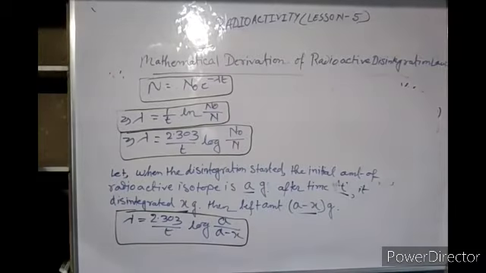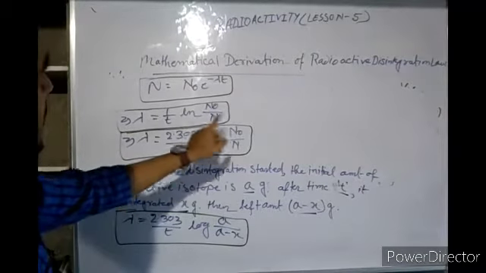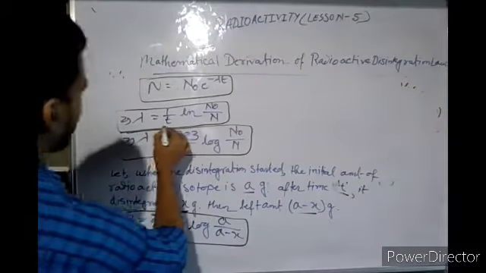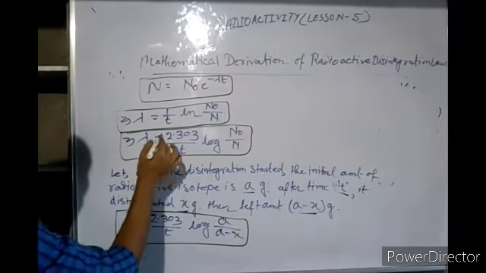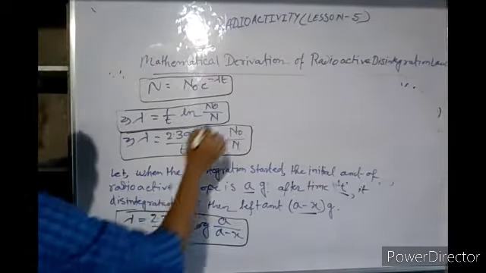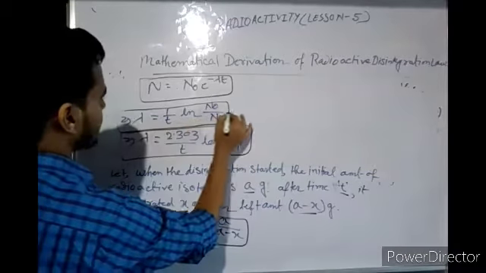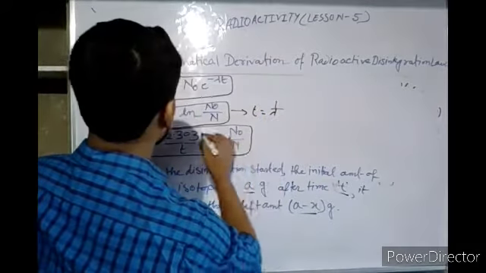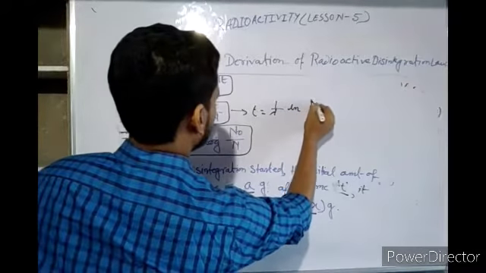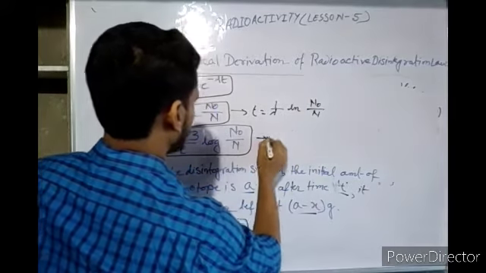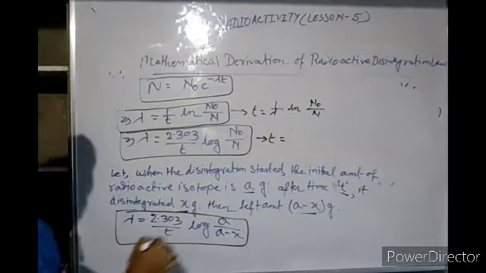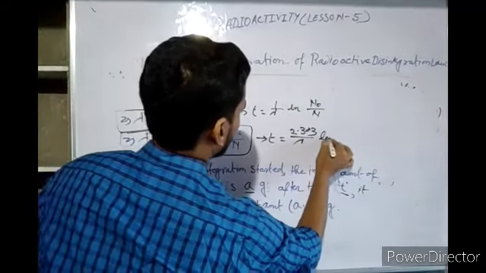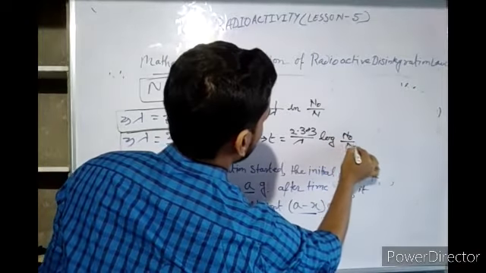This is the mathematical derivation of the law of radioactive disintegration. If we want to calculate t from this equation, then t will be 1 by lambda ln n0 by n, and in this equation t will be 2.303 by lambda log n0 by n.